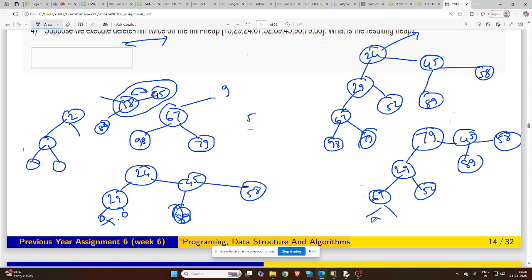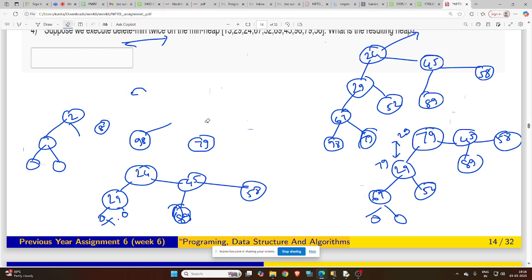Now see 79 and 29 and 45. This is not true here. So if I write 29 here and 79 here, it will satisfy both the conditions. So let me clear all these things here.